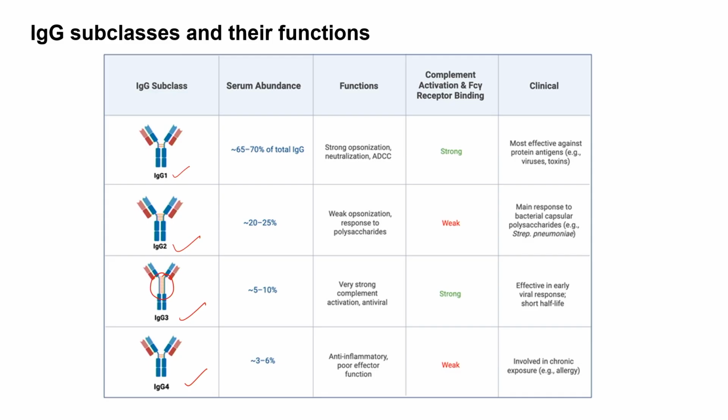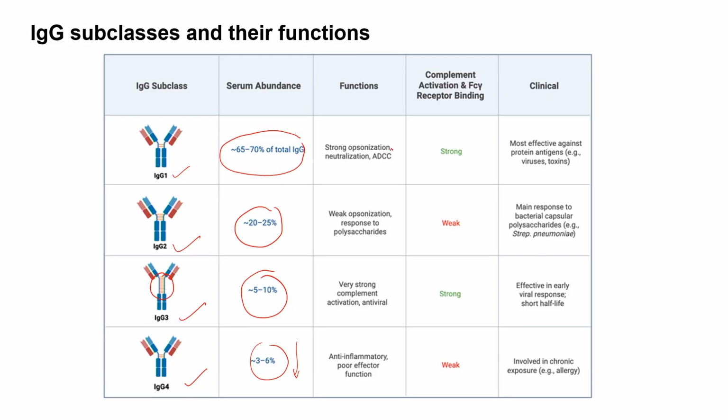As I told earlier, IgG is the most abundant immunoglobulin present in the serum, and out of that IgG1 is the most abundant, around 70% in the serum. The concentration of IgG1 is pretty high, followed by IgG2 and G3, and lastly G4, whose concentration is very low in the human body. Their functions are also very different, although these are related to chronic infection.